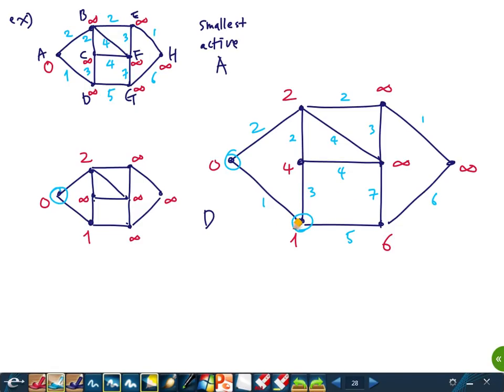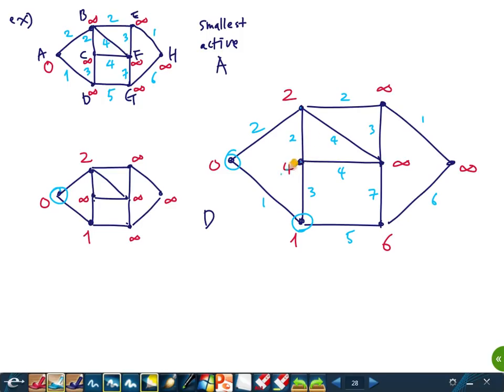This is done. Now look at all the active vertices and find the smallest one. Which is the smallest active vertex? This one, right? Now focus on this and consider all active vertices adjacent to this. 1, 2, 3, right? Now here, the original label is 4, but if you go from here to this point and this point, it's 2 plus 2.